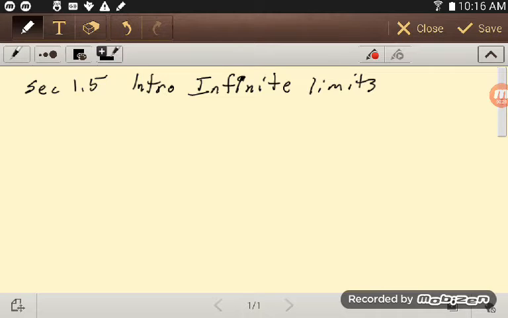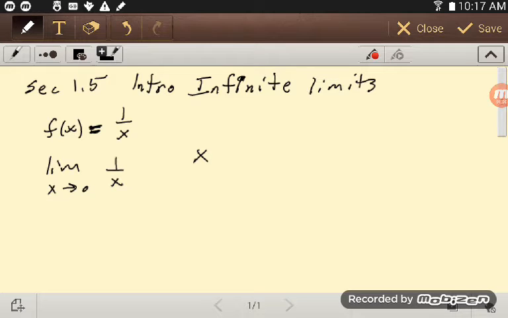Okay, so we may have a case where if we were to look at, say, f of x equals 1 over x, and we look at the limit as x goes to 0 of 1 over x, and suppose we made a table, coming in from the right.